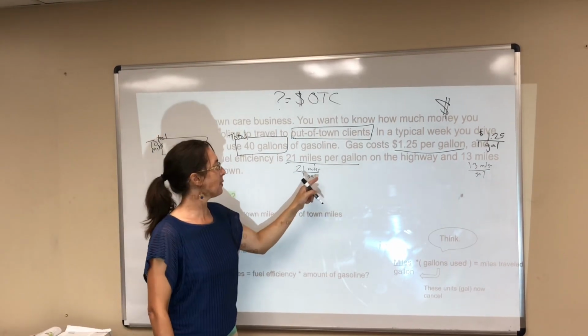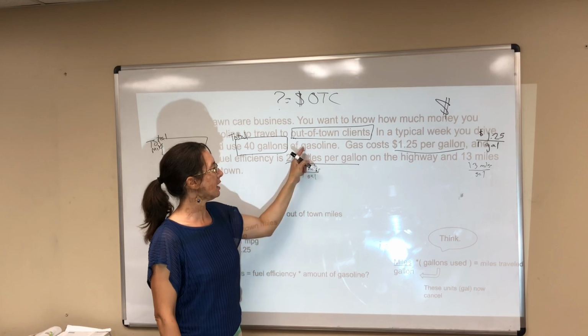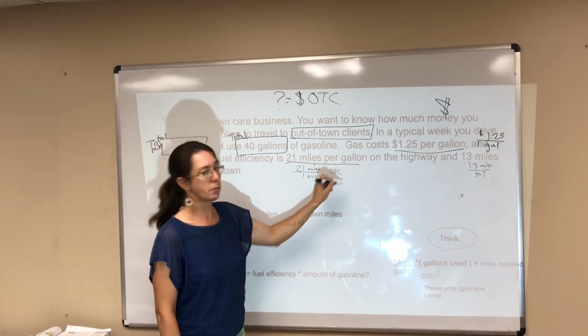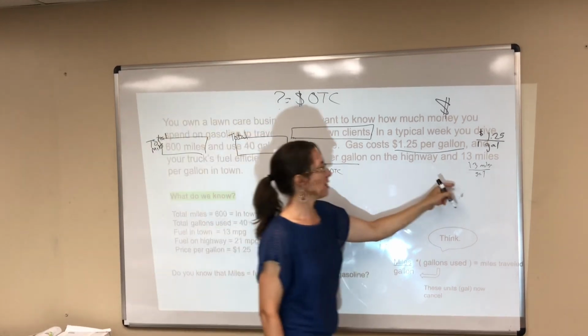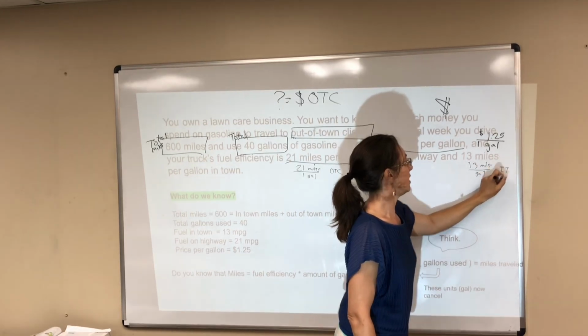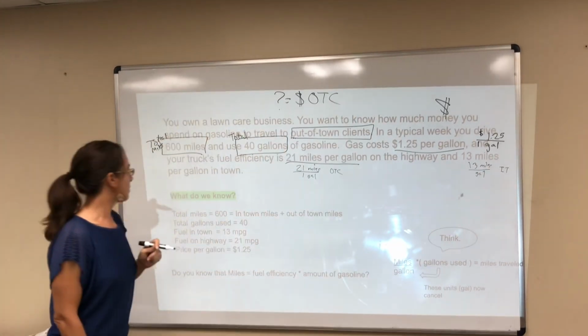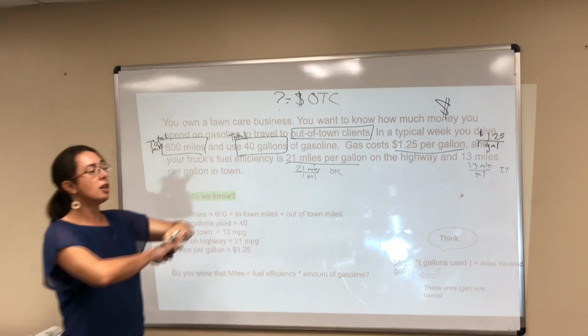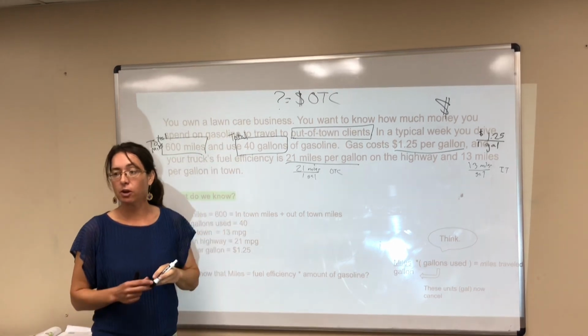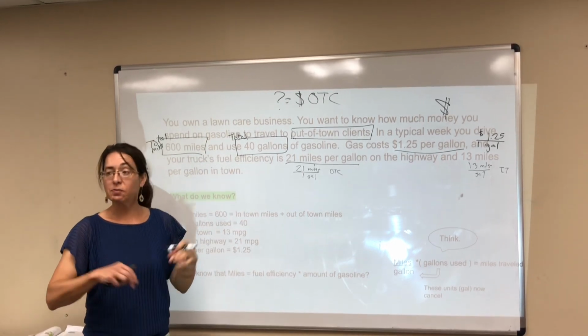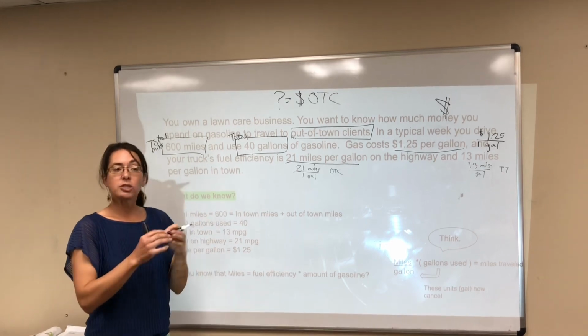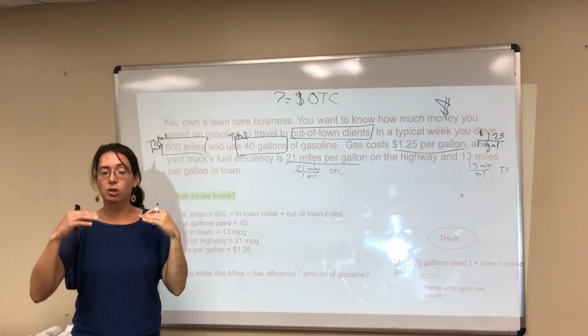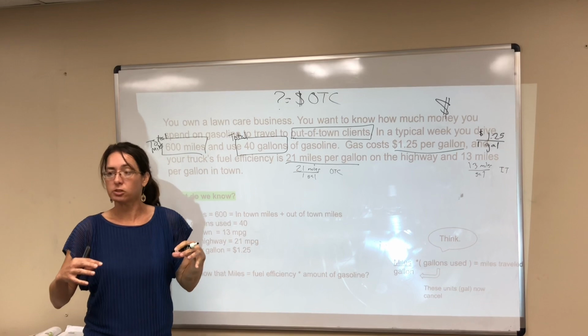So this is highway. So highway is going to be out of town people, correct? And 13 is going to be in town people, okay? So a lot of information that we're gathering, okay? It can feel really overwhelming. So we start with the very simple, and then we're going to start plugging it in and breaking it apart, okay?